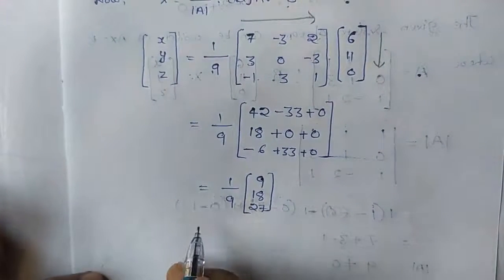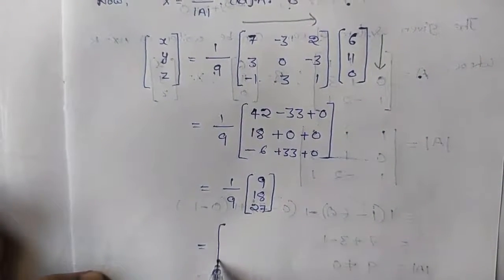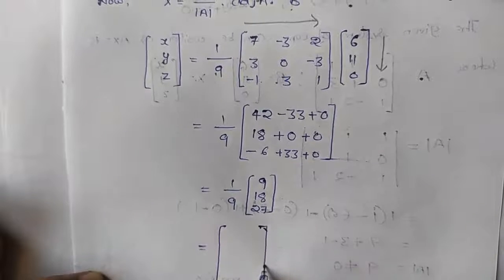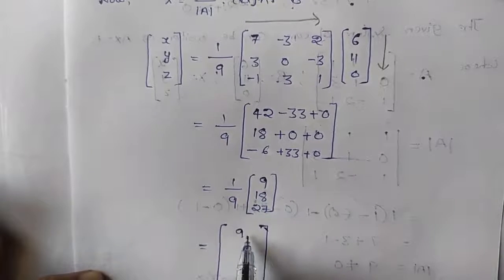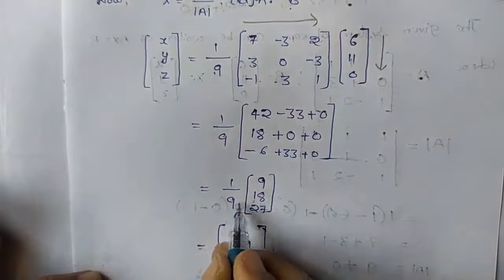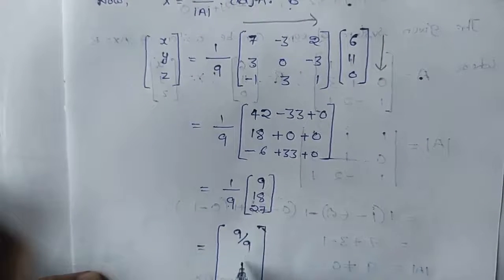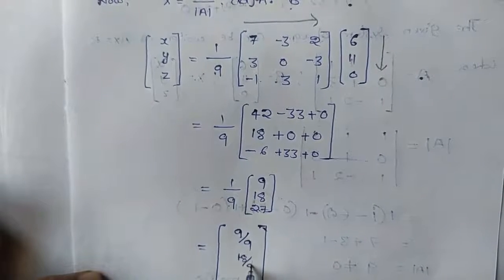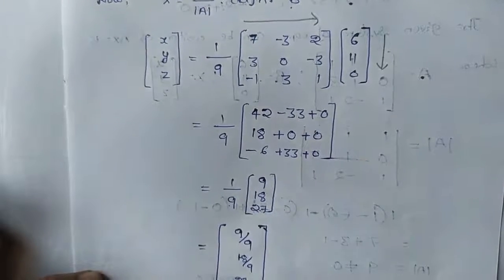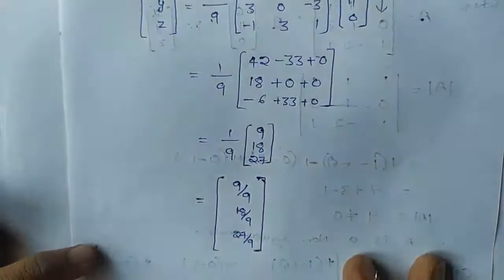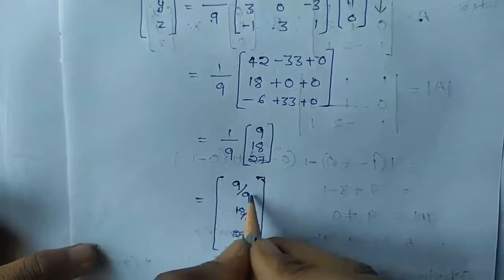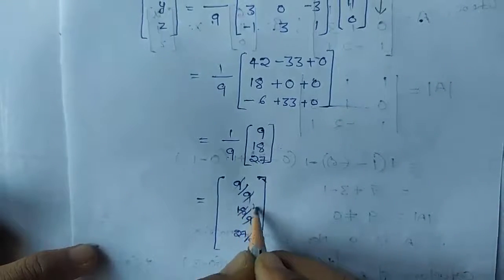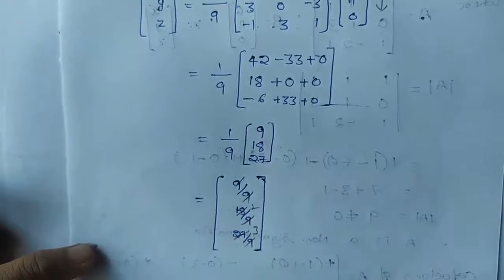Outside the matrix we have 1 by 9. Let us divide inside the matrix. 9 by 9, 18 by 9, 27 by 9. So 9 ones are 9, 9 twos are 18, 9 threes are 27.